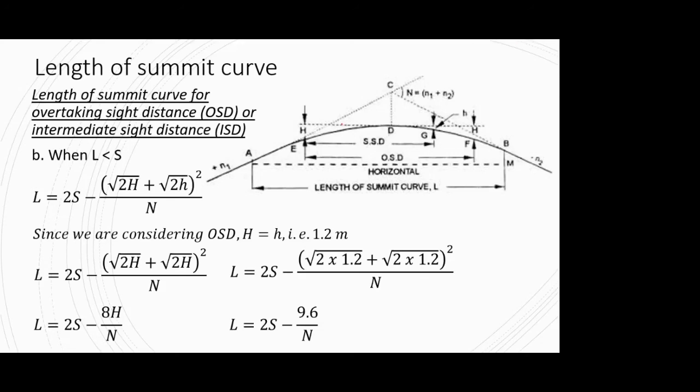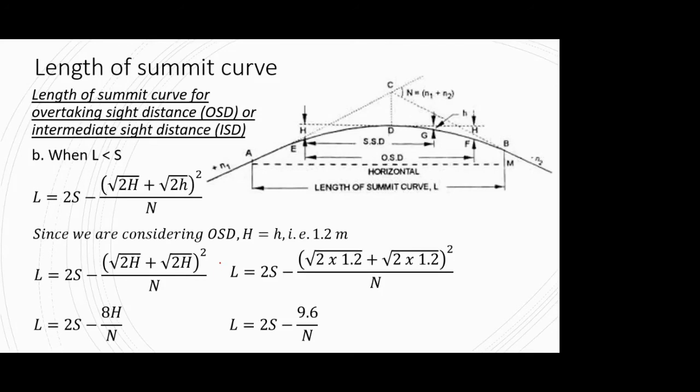Either L is equal to 2S minus 8H upon n, or L is equal to 2S minus 9.6 upon n. So these are the formulas for the length of summit curve by considering either SSD or OSD.